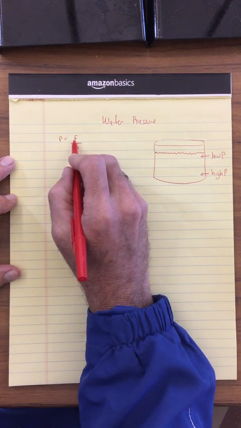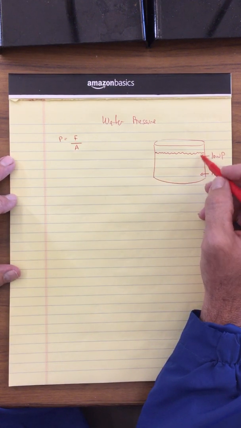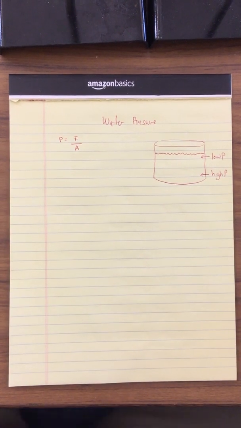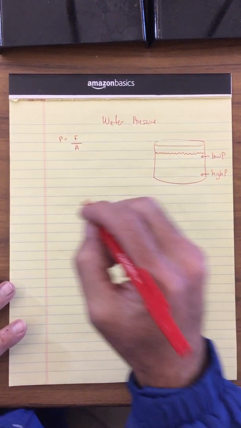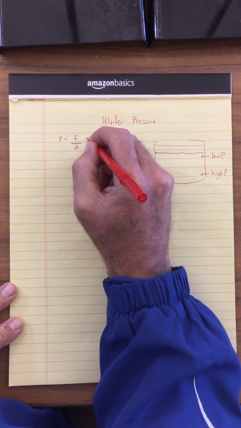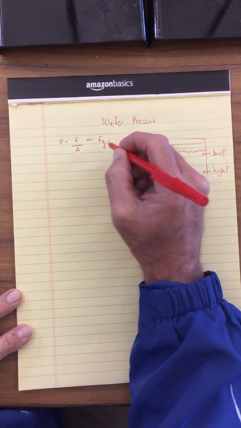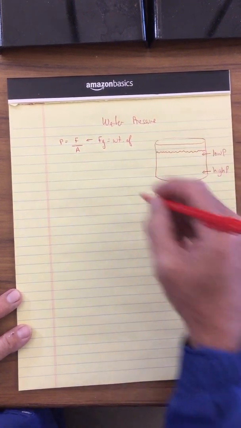So the force that is going to be generated for this is going to be the weight of the water column as it's going to be pushing down on top of you to create that pressure. So this F right here, this is going to be the weight of the water column.